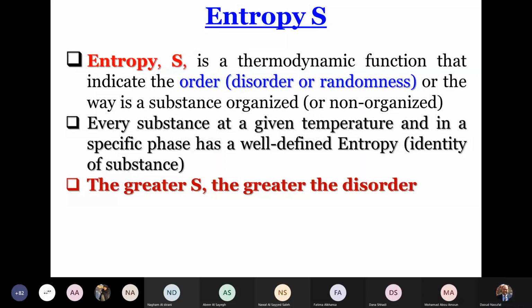If the entropy S1 is greater than the entropy S2, that means substance 1 is more disordered, or is less ordered, or is less organized. So disorder means non-organized, order means organized. So when the entropy of a substance increases, the disorder increases.